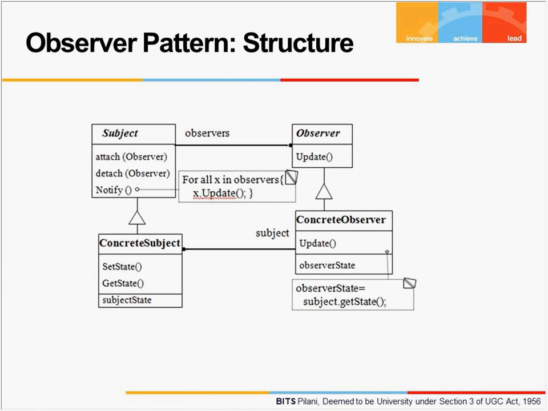So the structure of the observer pattern: the subject has three methods, attach observer, detach observer, and notify. Right? Three methods are important. The concrete subject must implement these methods which are there in the subject interface.